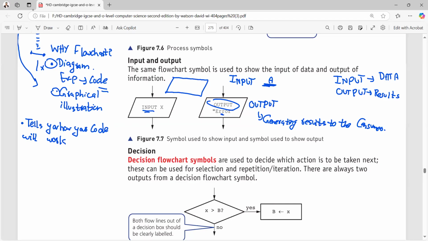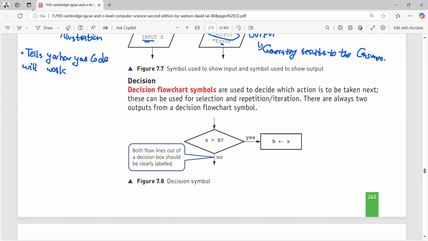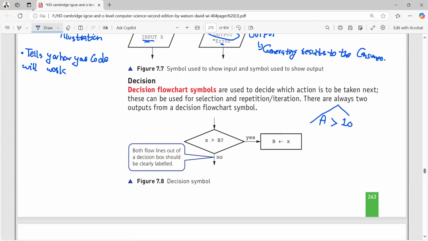After this, we have the decision making box. The decision making box is used for making decisions, like what actions need to be taken. For example, you can write that if my value is greater than 10. You can create a selection diamond like this, and then you can deviate your paths.